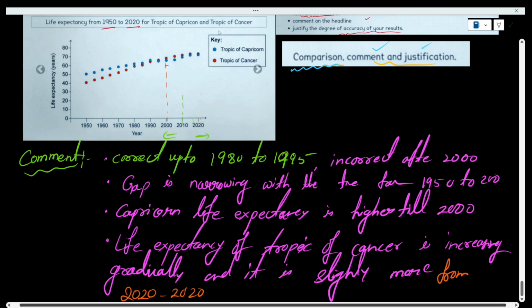But after that also, if you see the gap again, slowly this is coming here. Tropic of Capricorn was decreasing, but slowly it is going to start increasing, because the gap from 2000 to 2020 also shows Capricorn gradually increasing. So any such comment, because the data is not uniform across the years, right?